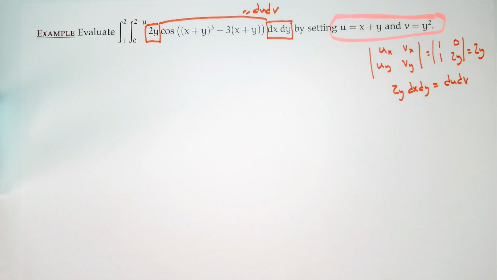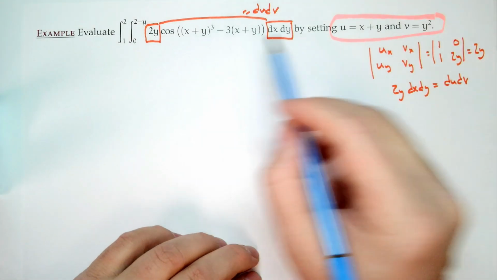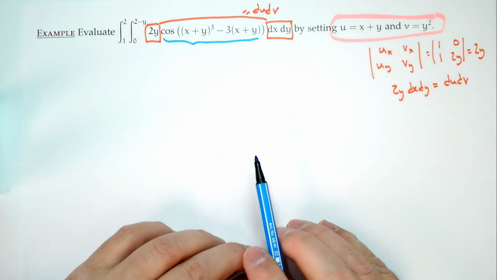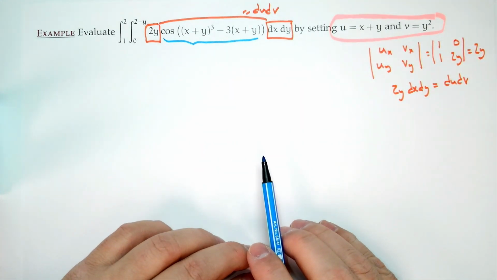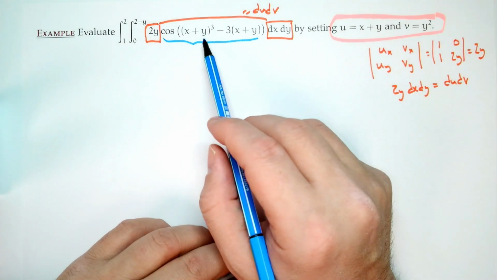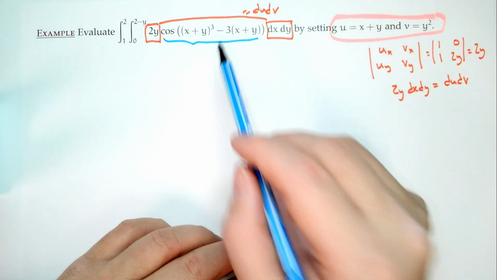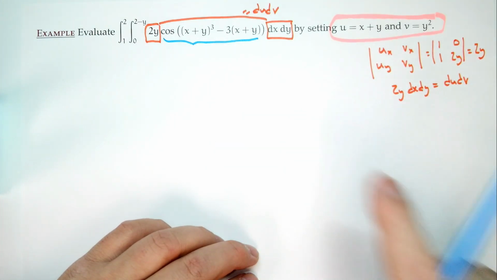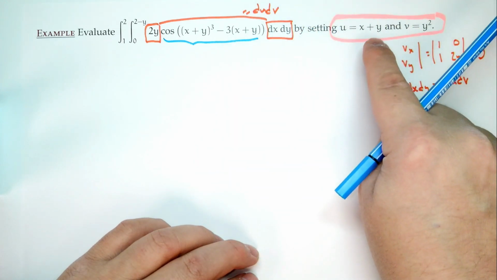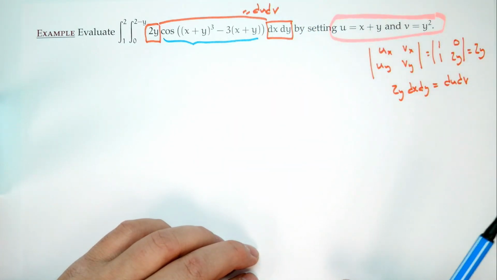Now, let's look at our function. Let's look at the part that we don't need to use our substitution for. So we're looking at this part right here: cosine of x plus y cubed minus 3 times x plus y. What we're looking for is how we can rewrite this expression using u and v and not x and y.